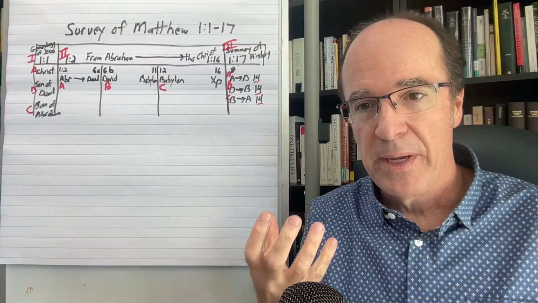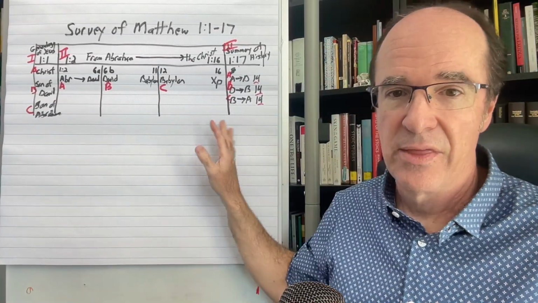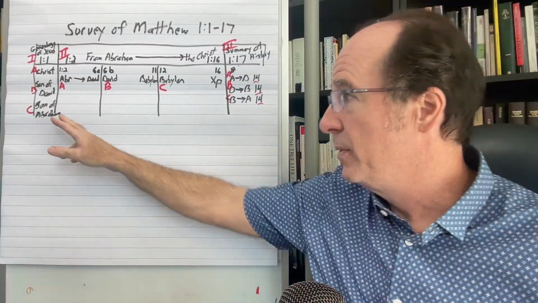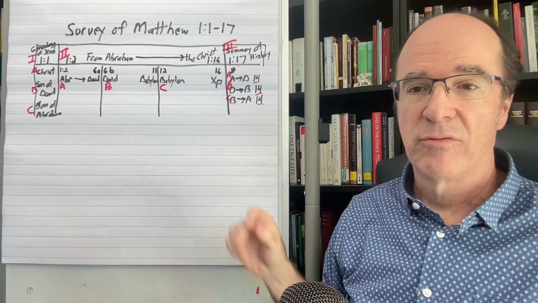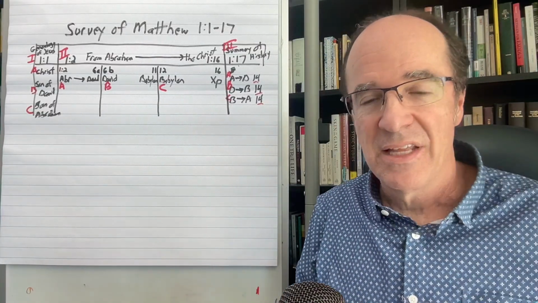Now, some people may have broken it into five, and the five would have essentially been the pieces that we have right here. Now, does that make this wrong? Not necessarily.